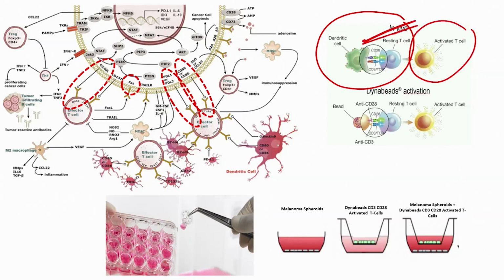In vivo means within the body. So, if we want to perform a similar mechanism, we can use Dynabeads to activate these T cells. How? Dynabeads will have anti-CD28 and anti-CD3. So, this will again cause the resting T cell, which is our naive cell, to activate. This is just a mechanism. That is the role of Dynabeads.